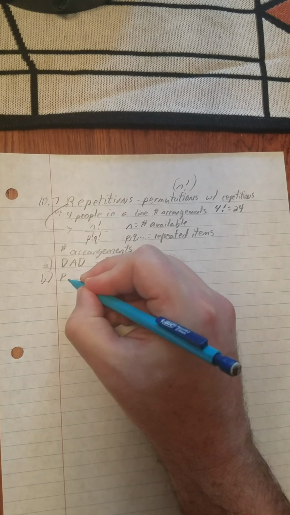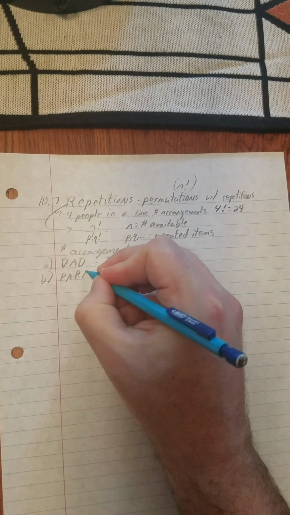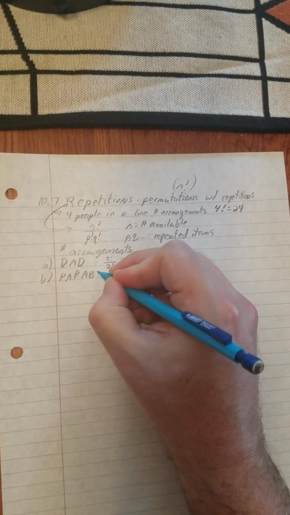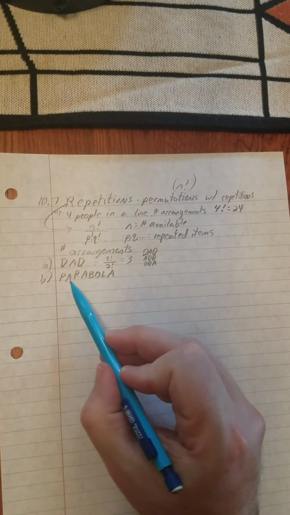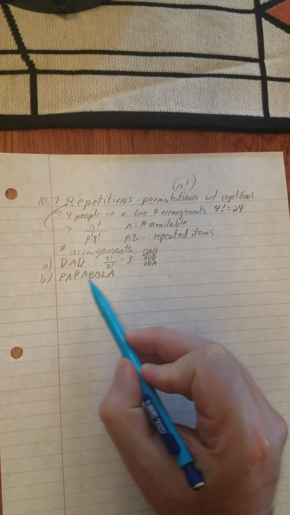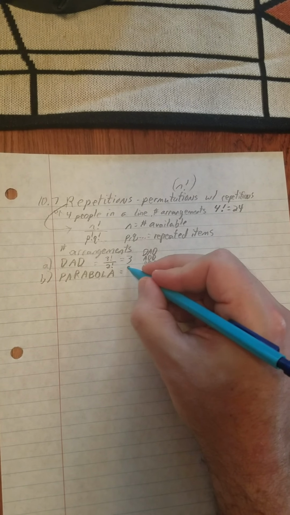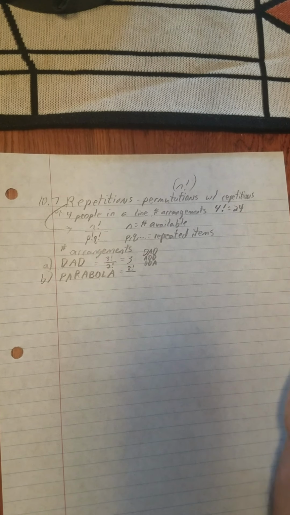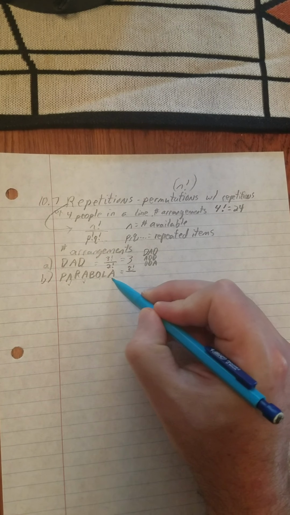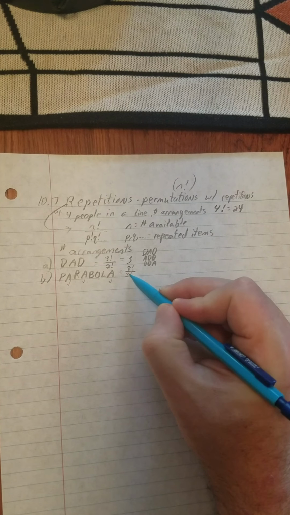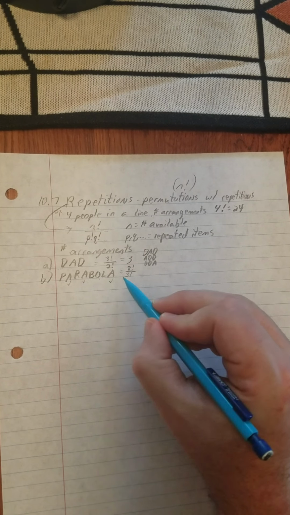Let's try another example. How many ways can we rearrange the letters in the word parabola? So again, the top, we count up all the letters. There are 8 letters, so that will be 8 factorial. And then we look for any repetitions. I notice there are 1, 2, 3 A's, and nothing else repeats.